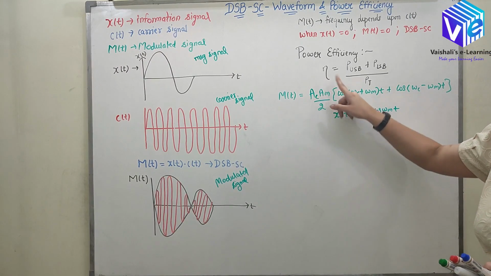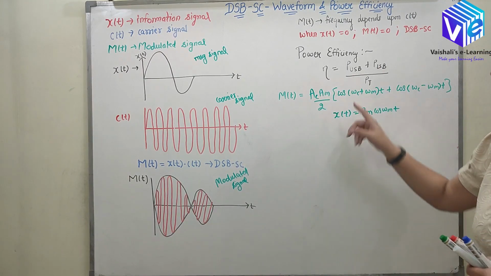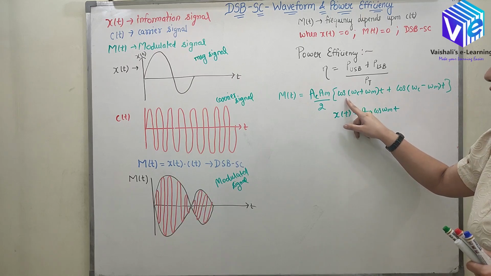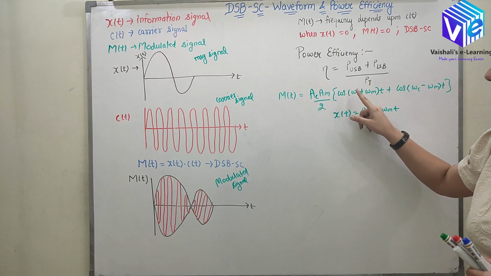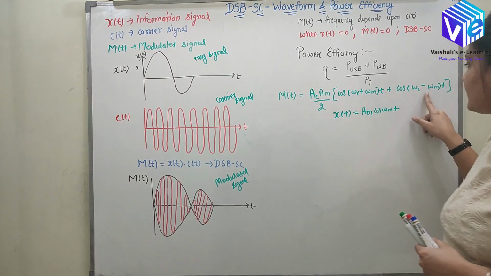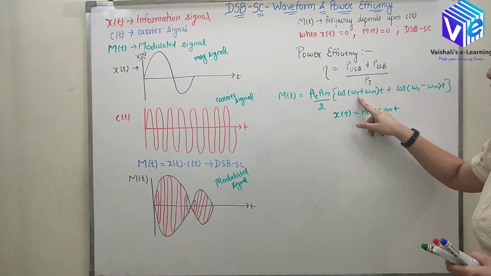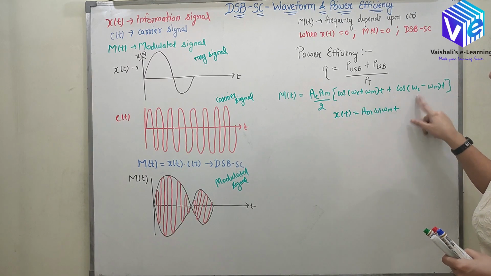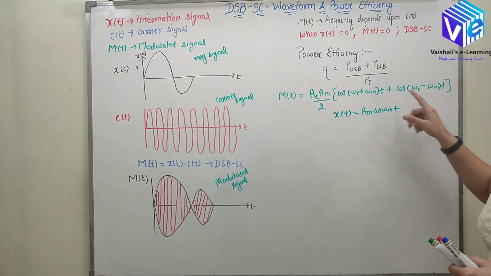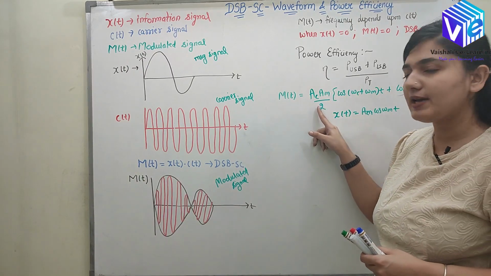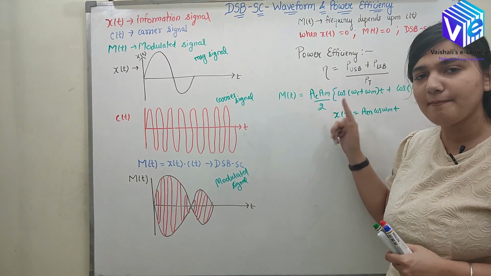The modulated signal is represented by this expression, where it has two components, the higher frequency and the lower frequency. These frequencies are omega c plus omega m and omega c minus omega m, and both of them have the amplitude Ac Am by 2.